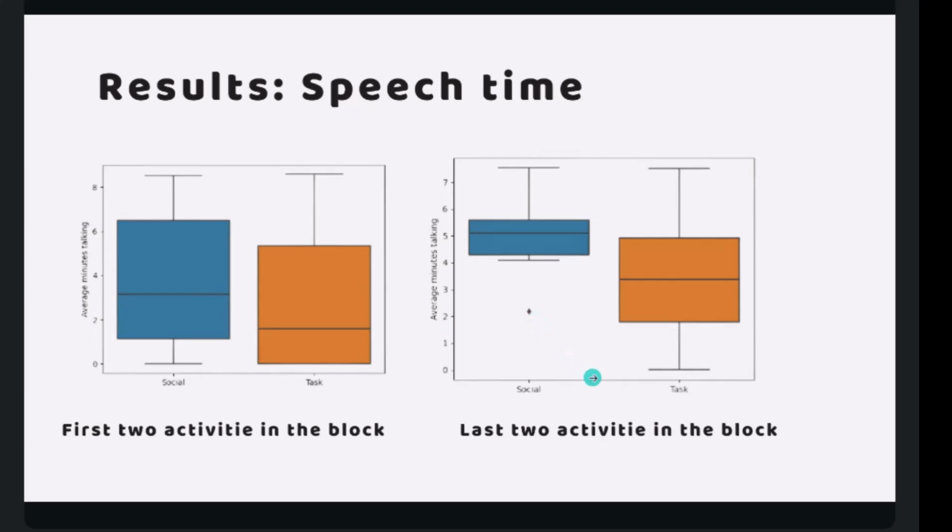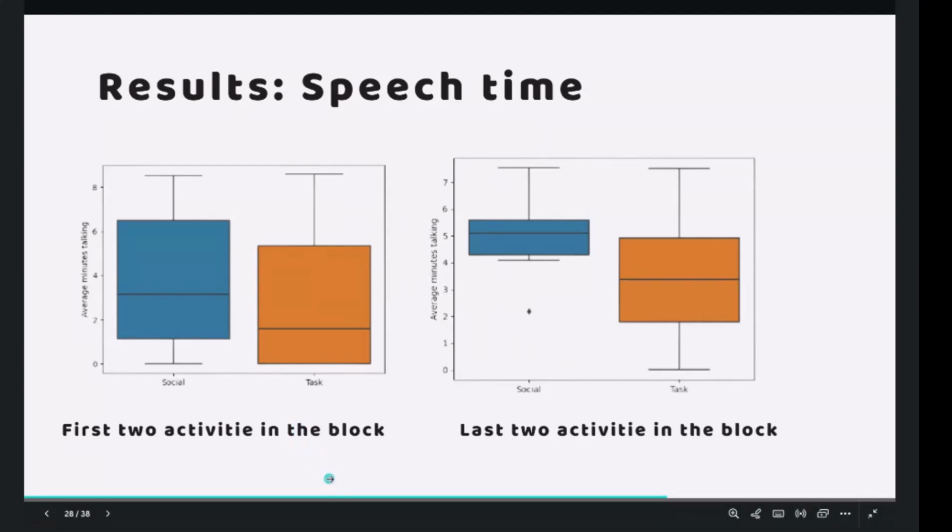So what we saw was that kids were, first of all, very, very excited by Amit. The first two activities in each block, when kids were just getting to know Amit, were about the onboarding process, like getting comfortable talking to a robot and testing her limits.